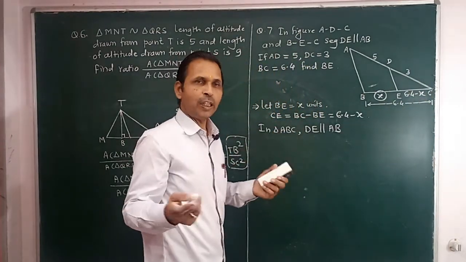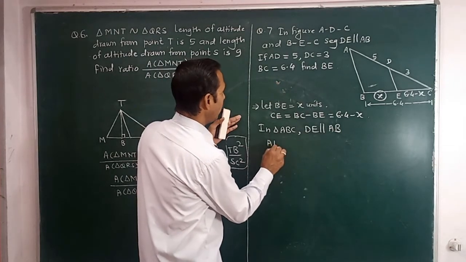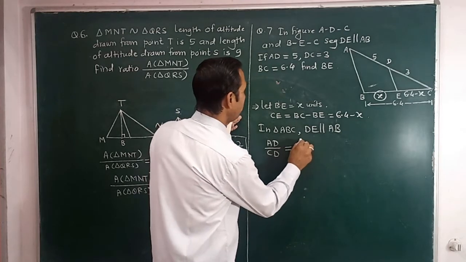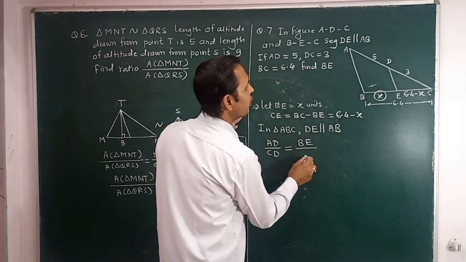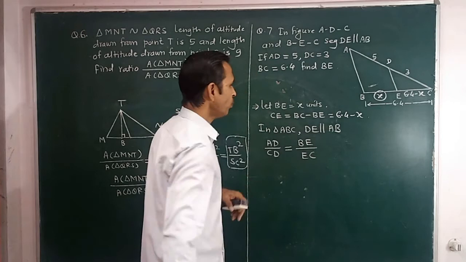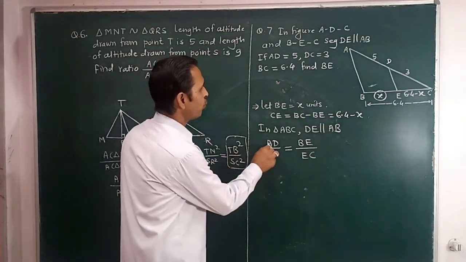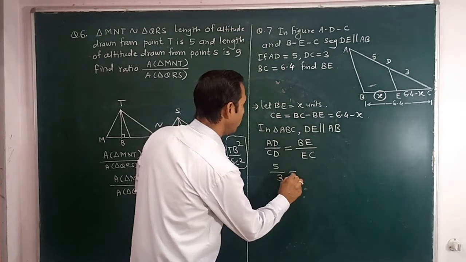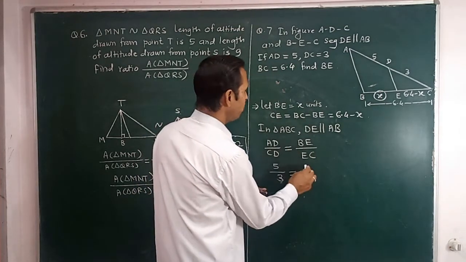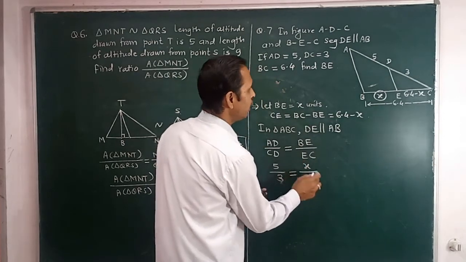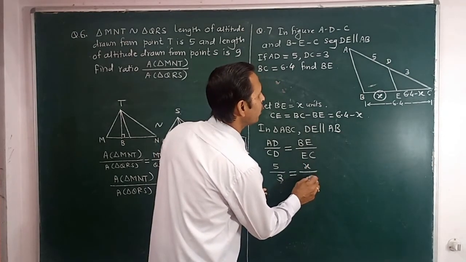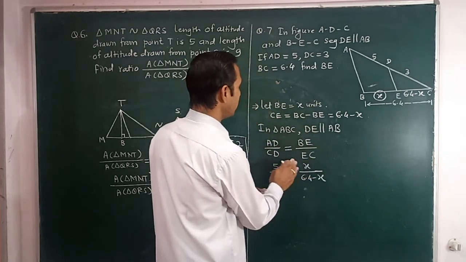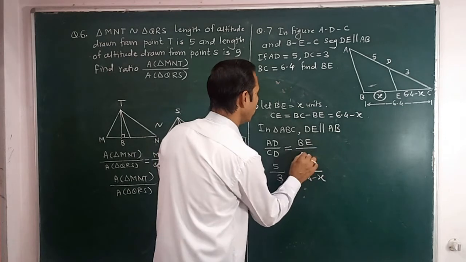In any way we can write the ratio. Now AD upon CD is equal to BE upon EC. Now put in the values. What is the value of AD? 5 divided by CD, which is 3, is equal to BE, that is x, divided by CE, which is 6.4 minus x. We write here CE.